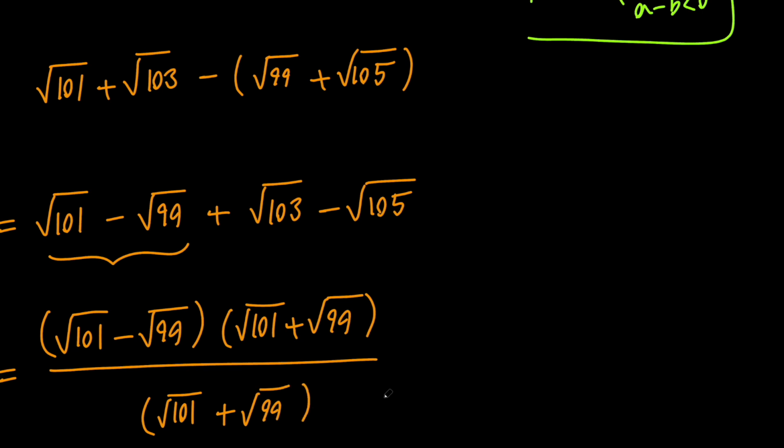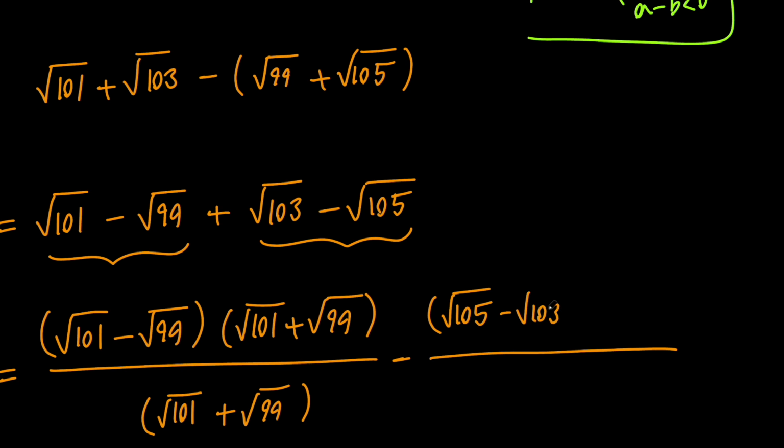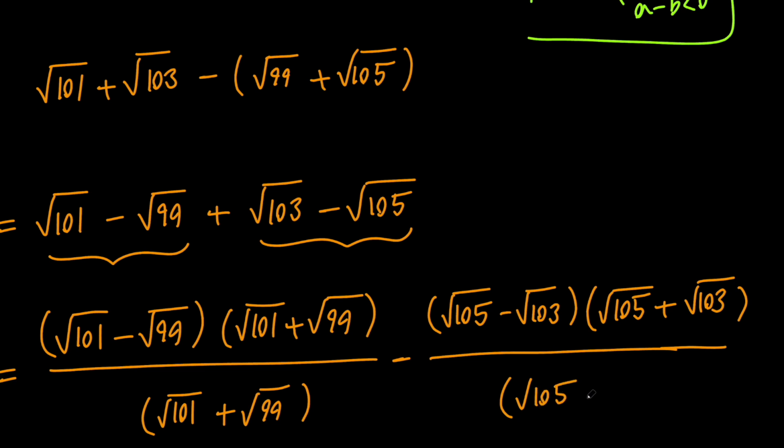I'm going to do the same thing with these two, but before that, I'm going to take a negative out of these two to get minus the square root of 105 minus the square root of 103. So I multiply this by the square root of 105 plus the square root of 103, and I divide this by the same thing, which is the square root of 105 plus the square root of 103.